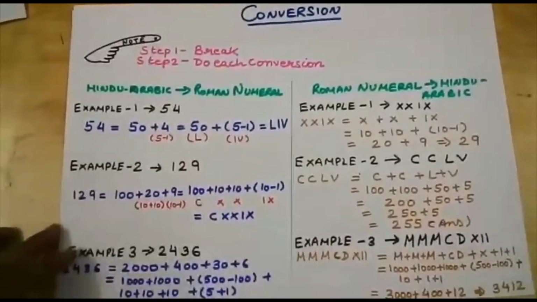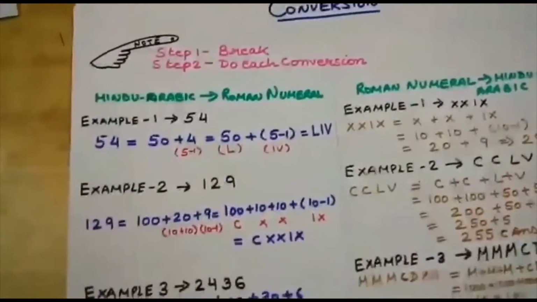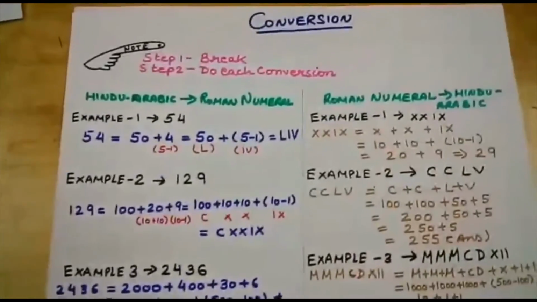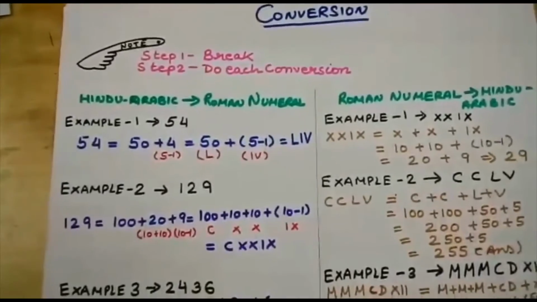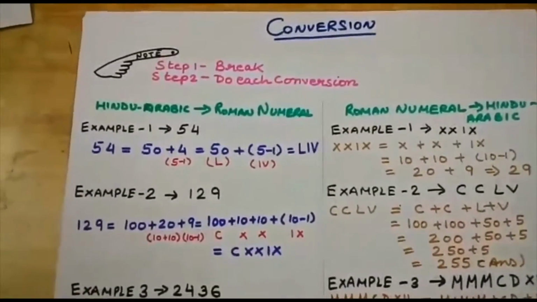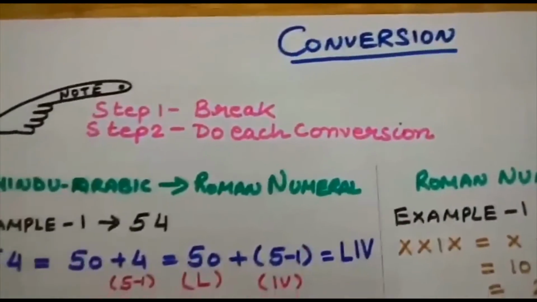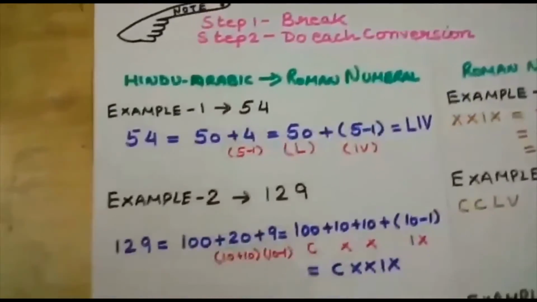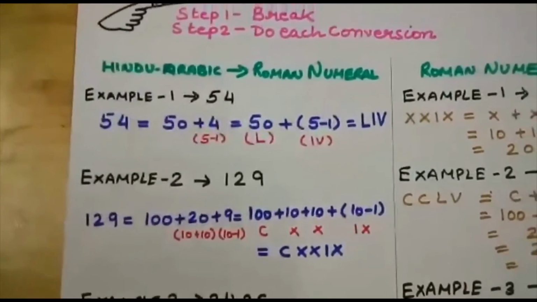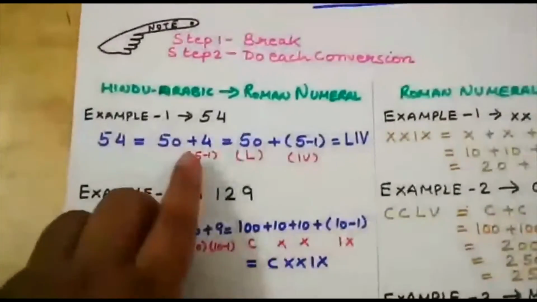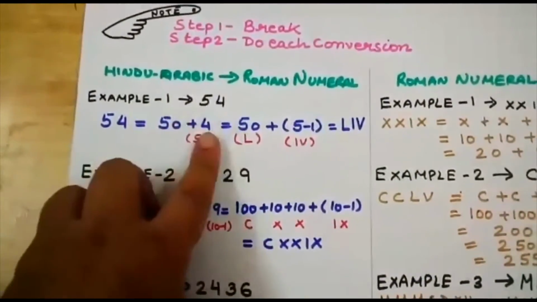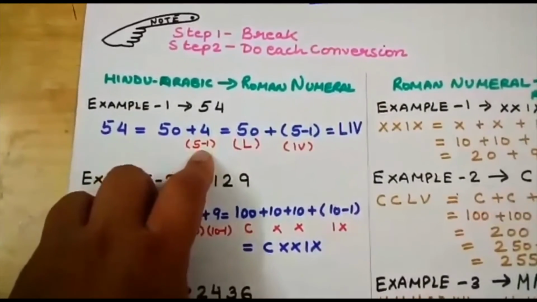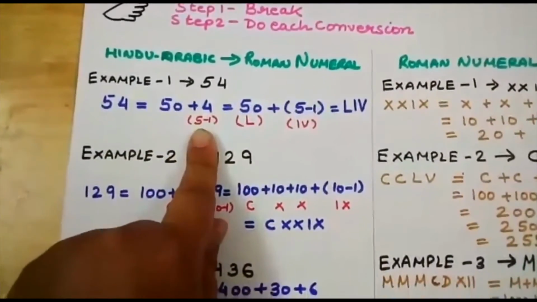Now, how can we convert a Hindu-Arabic numeral to a Roman numeral and vice versa? It's a very easy 2-step technique. Number 1, break. Number 2, do each conversion. Let's see how. Example number 1, 54. If I break 54, what do I get? 50 plus 4. Can I write 4 as 5 minus 1?